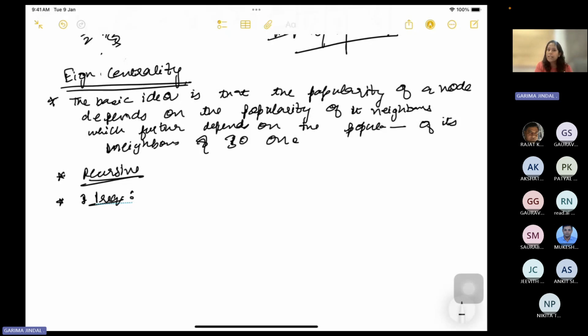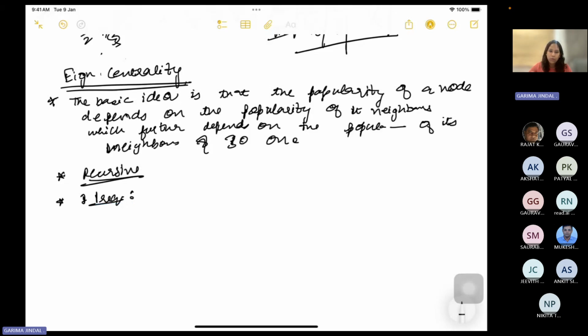Whatever we have seen in the last example, the same network can also be represented in the form of a matrix.